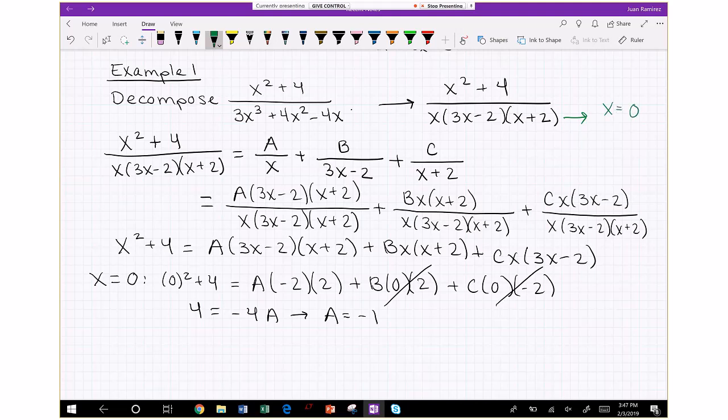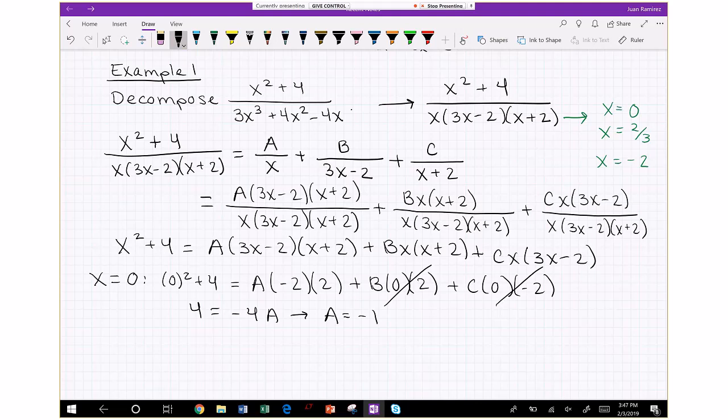The zero of the second term is 3x minus 2 equal to 0, so x is equal to 2/3. And the third zero is x plus 2 equal to 0, so x is equal to negative 2. So those are the values of x that I'm going to substitute.